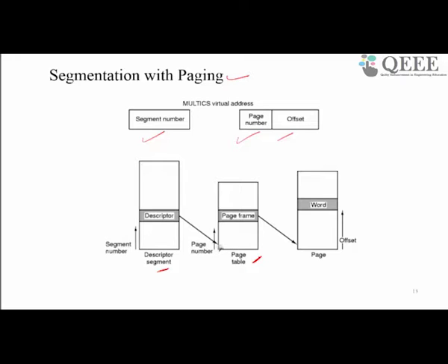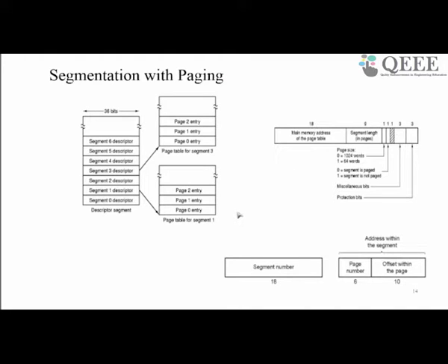Then you use the page number to refer to the particular page table entry in the page table that will have information about this page in this segment. Then if it is present, you use the base address of the page frame holding the page and use the offset to retrieve the word. So there are two levels of translation. One, you go through the segment table, next you go to the page table.